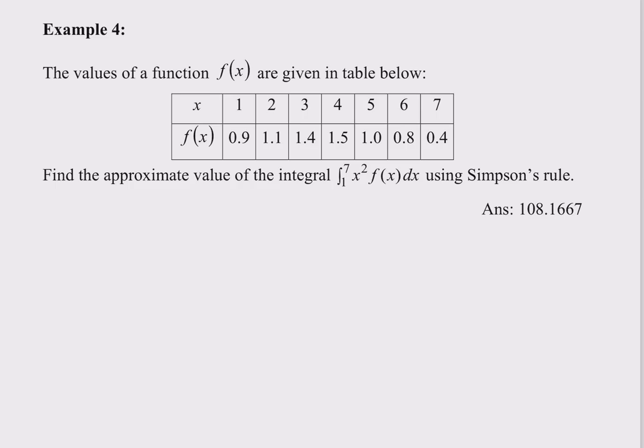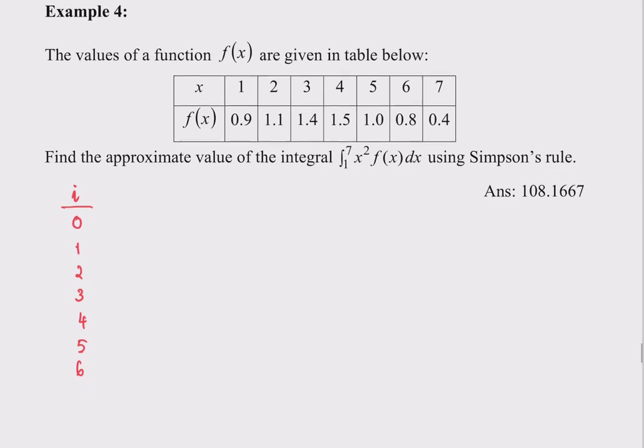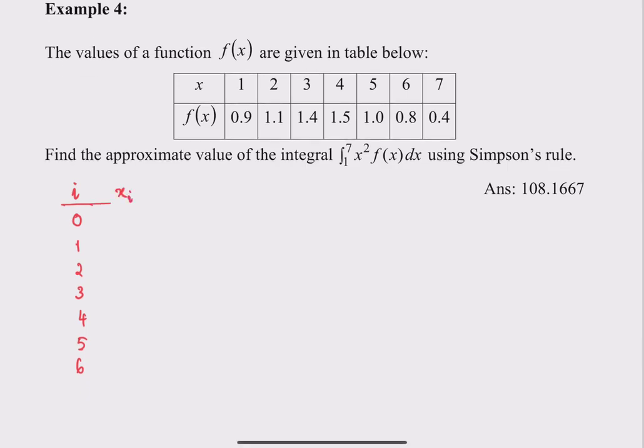You have your i, starting from 0, 1, 2, 3, 4, 5, 6, and then you have your xi from 1, 2, 3, 4, 5, 6, and 7.